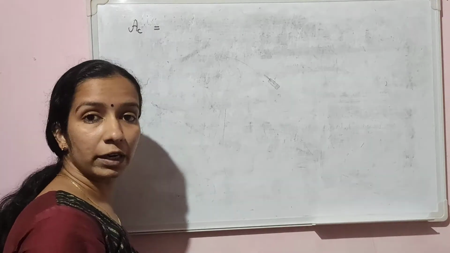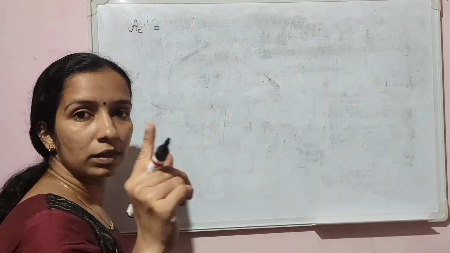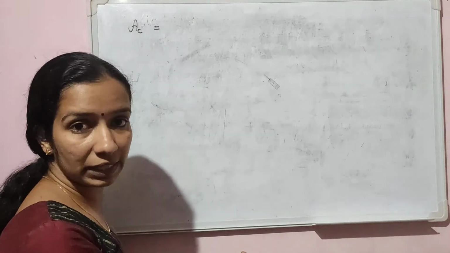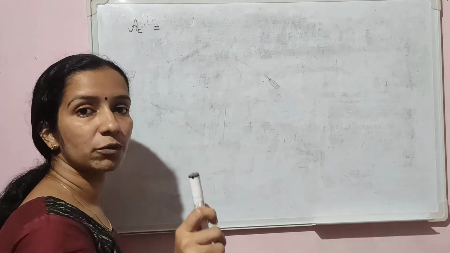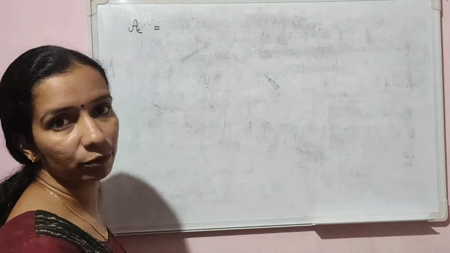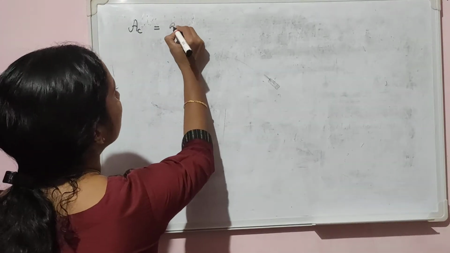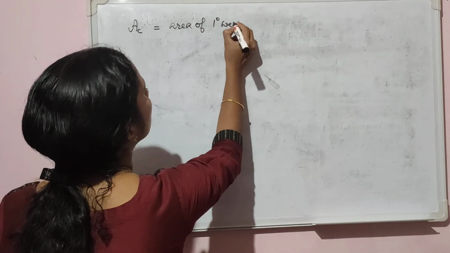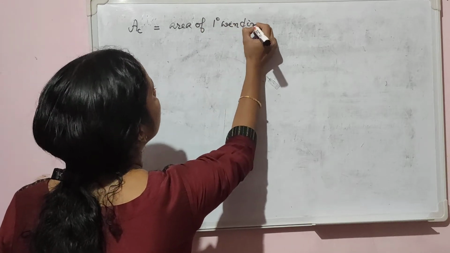In the initial part I have shown you the cross-sectional view of a single phase core type transformer. There we have seen that in the window there is one primary winding and one secondary winding. So AC will be equal to area of primary winding plus area of secondary winding.